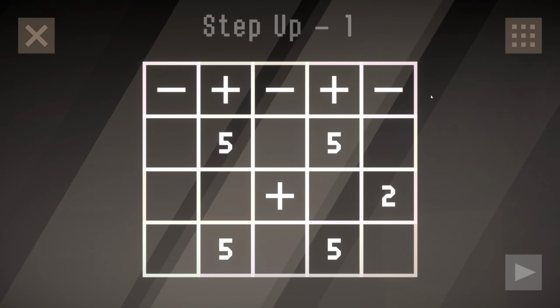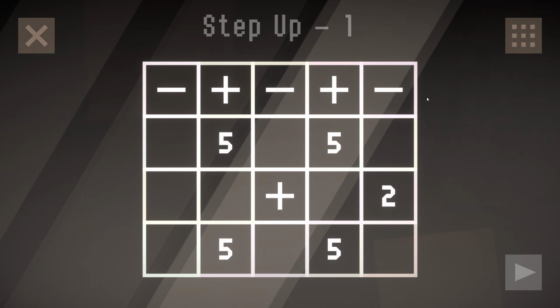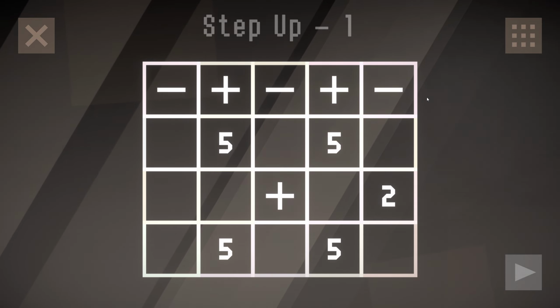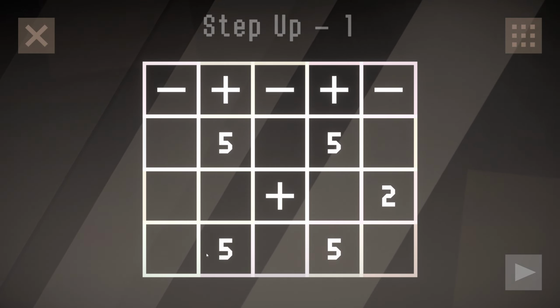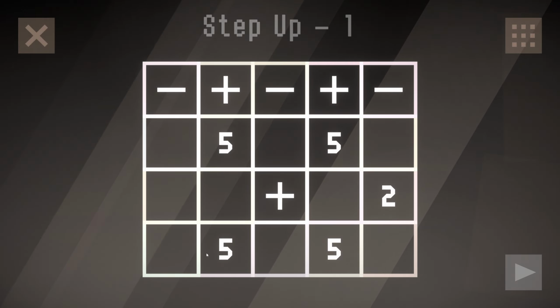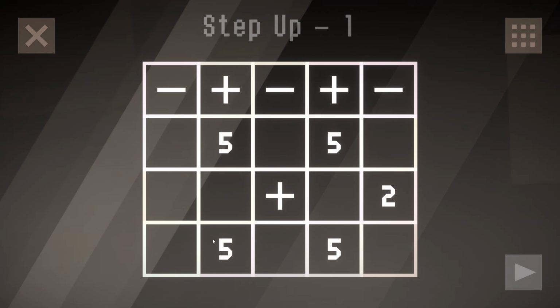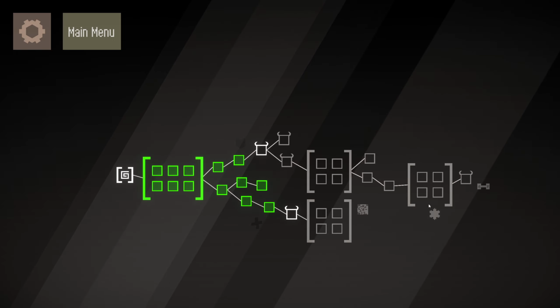Step up 1. Okay. Positives, negatives, and numbers. Shouldn't be the worst thing in the world. I feel like there's nothing too complicated here. Not anything unknown. Especially for how much content there is behind these.